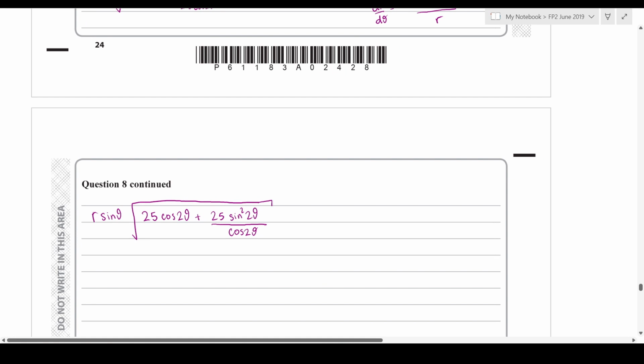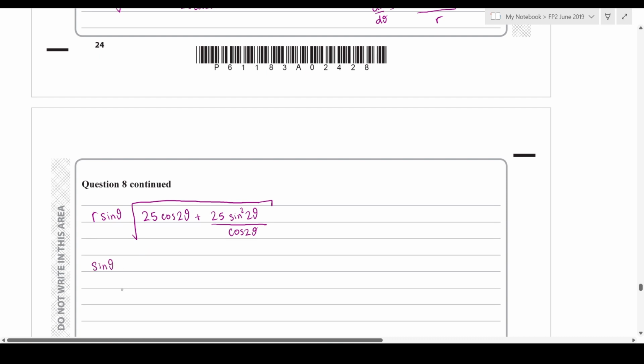Okay, so what can we then do with our integrand? I've got this r on the outside, which I probably shouldn't use. If I bring the r inside the square root, that means I'm multiplying by r squared.